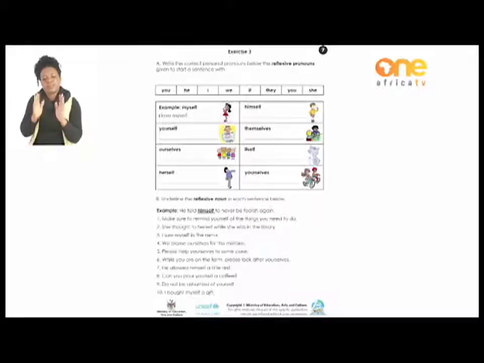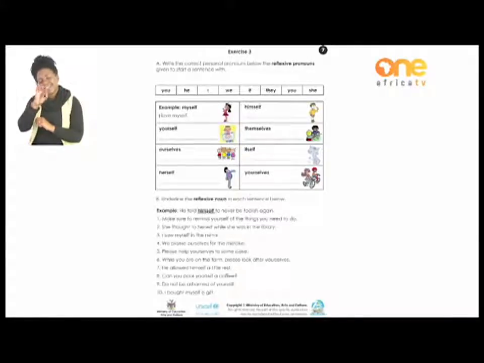On page 7, the instruction says, write the correct personal pronouns below the reflexive pronouns given to start a sentence with. Okay? Now, in the small box, you can see there are examples of personal pronouns.